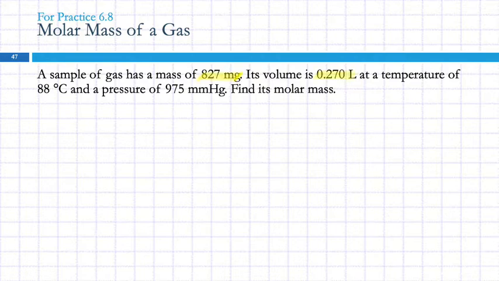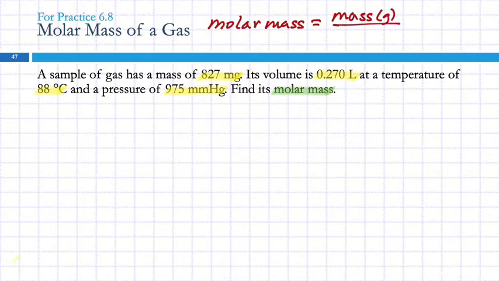And then see what do we want to find? We want to find the molar mass. So if you're finding the molar mass or you're finding the density, you're going to use an equation. So molar mass is equal to the mass in grams divided by the number of moles in that sample.